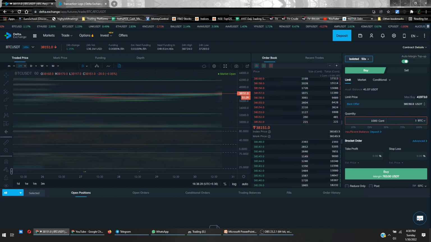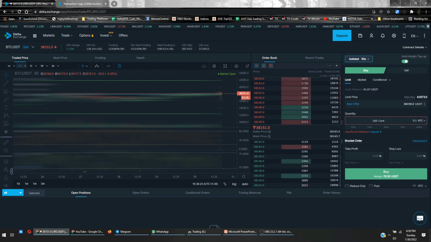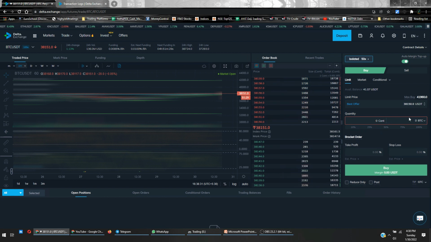Similarly, if I type in 0.1 Bitcoin, that will be equal to 100 contracts. Similarly, if I type in 0.01 Bitcoin, that is equal to 10 contracts. And if I type in 0.001 Bitcoin, that equals one contract.